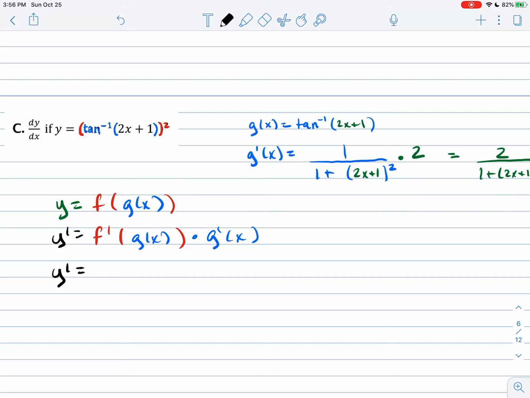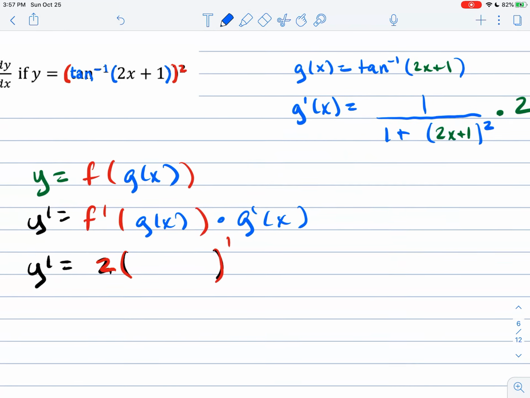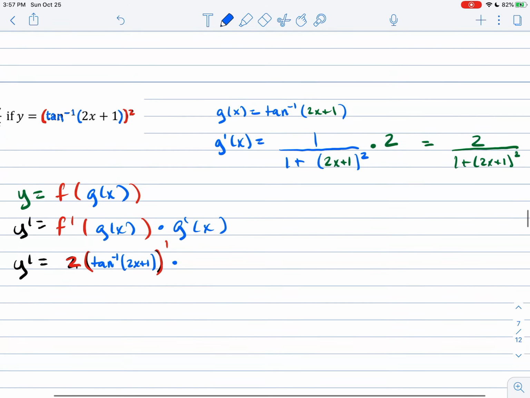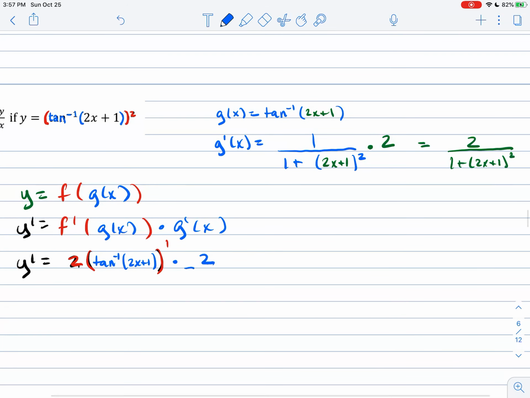So the derivative of my outside is x squared, so I'm going to have 2, right, and that's in red, to the first power, evaluated at the inside, and the inside function is inverse tangent of 2x plus 1, because that's what g of x is, and then times the derivative of the inside, g prime.